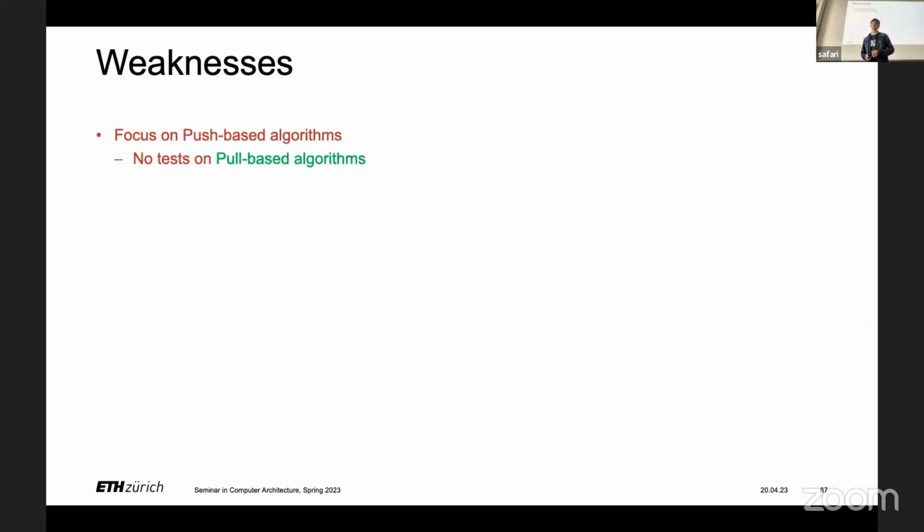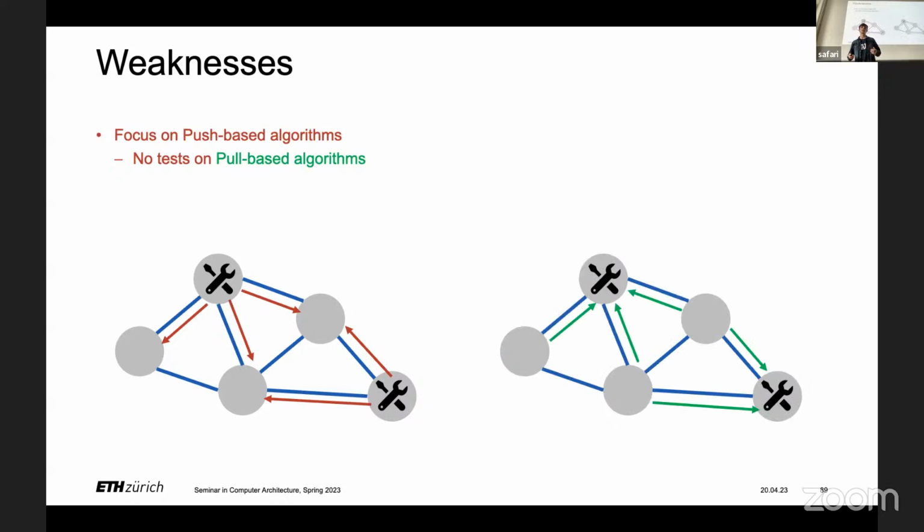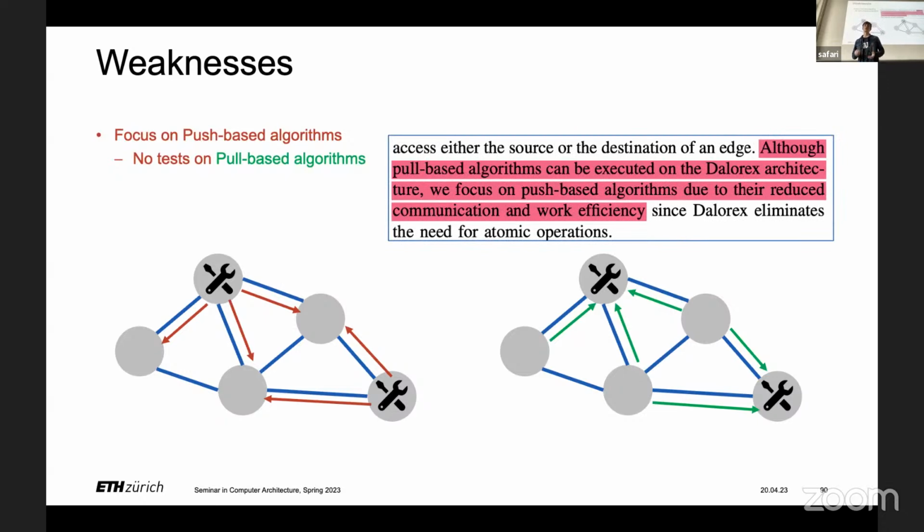Then another point is that Dalorex does focus on push-based algorithms and does not test any pull-based algorithms. So as the name says, when you're using a push-based algorithm, your computational units are going to push their results away to the other nodes. And when you're using a pull-based algorithm, you're doing the inverse thing. And they simply decided not to test them because they thought Dalorex could have used them.